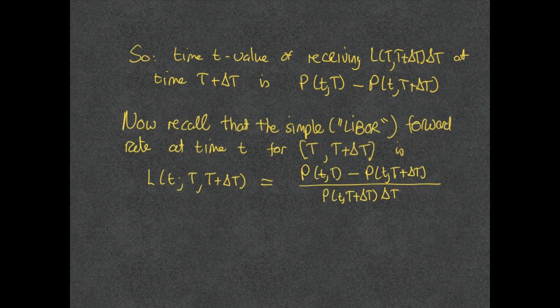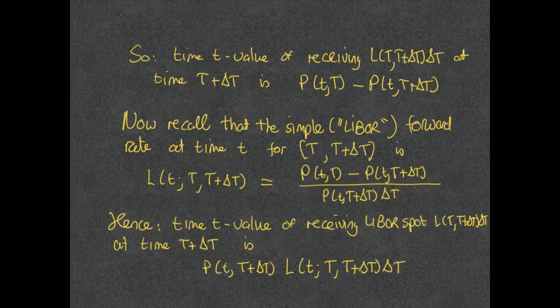Now recall that the simple or LIBOR forward rate at time little t for the period from capital T to T plus delta T is the expression shown here. Rearranging, we get the following very natural looking expression for the value of LIBOR spot at T plus delta t, namely the discounted LIBOR forward rate times delta t.